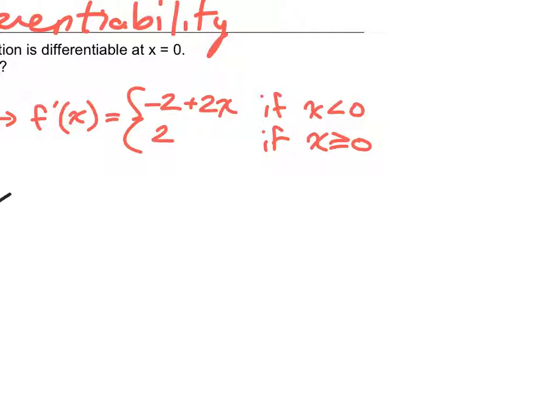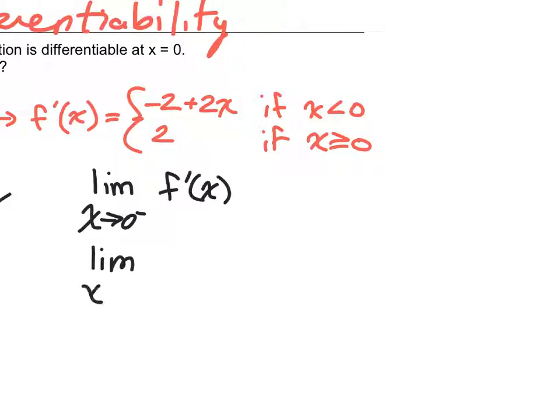Meaning, I have to take the limit as x approaches 0 from the left of my derivative function and see if that's the same as the limit as x approaches 0 from the right of my derivative function.